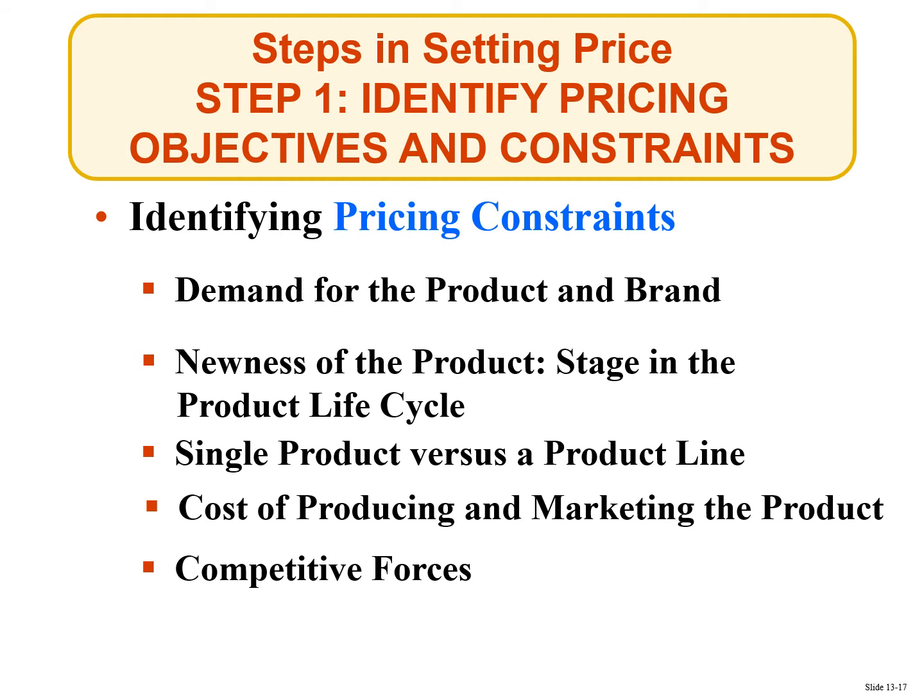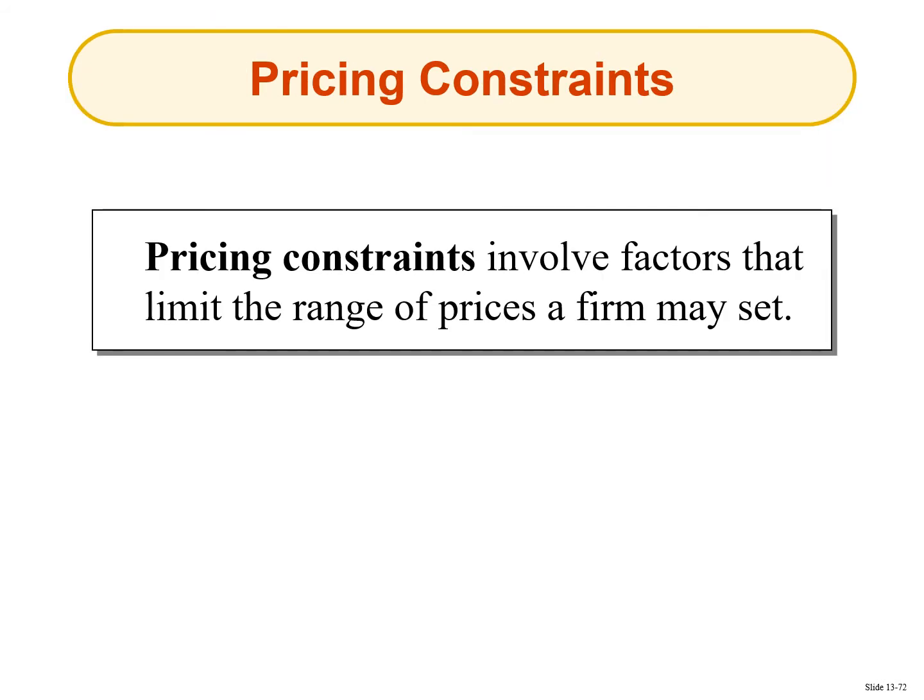How have they set their prices? You also have to keep that in mind. You need to look at that external environment and decide what price you want to set. So pricing constraints involve factors that limit the range of prices a firm may set. So you have a range of prices that you have to follow because of these pricing constraints.